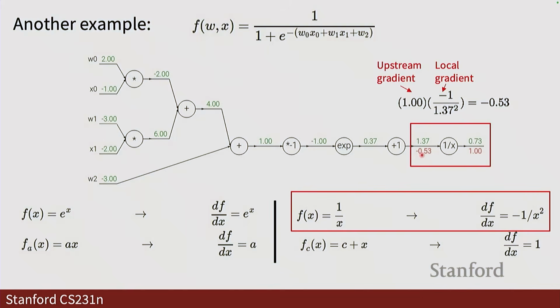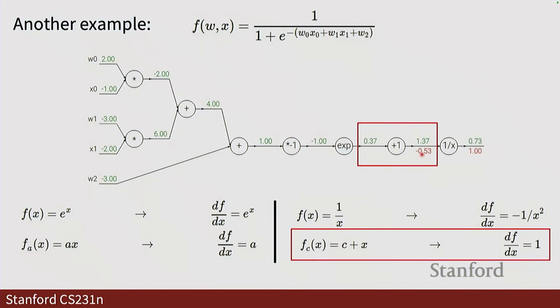So negative 0.53 is the downstream gradient, which defines the upstream gradient for the next one. And in the next, again, the function here is just a constant addition, where we know that the local gradient equals 1. So 1 multiplied by the upstream gradient, same value, goes back.